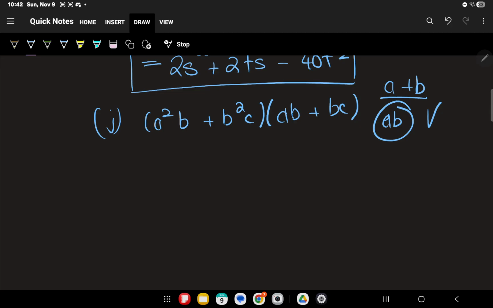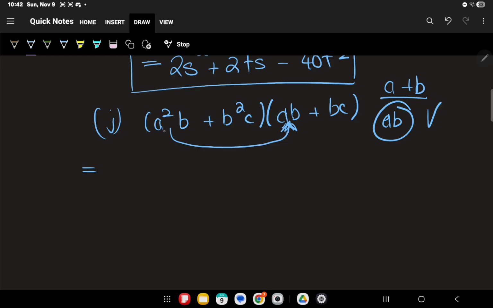Okay, so that's like a quick heads up for you guys. So we can treat this as one singular term. So now we can expand using FOIL. So the first two terms, a squared b times ab.